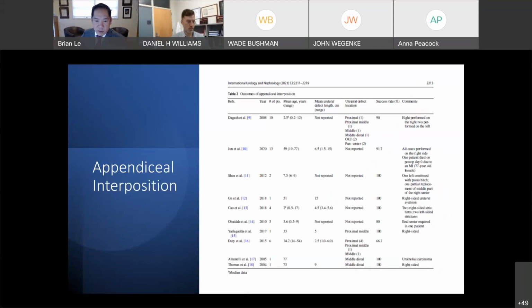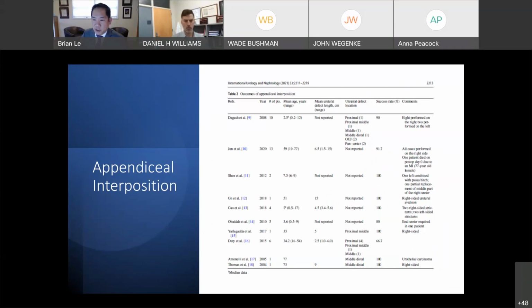Appendiceal interposition, so going back to the appendix, but this time you're keeping it as a tube, so you're not opening it up along its longitudinal axis. You're keeping it as a tube and basically using it to replace that segment. The nice thing is it comes with its own blood supply, so that's an advantage of that approach.